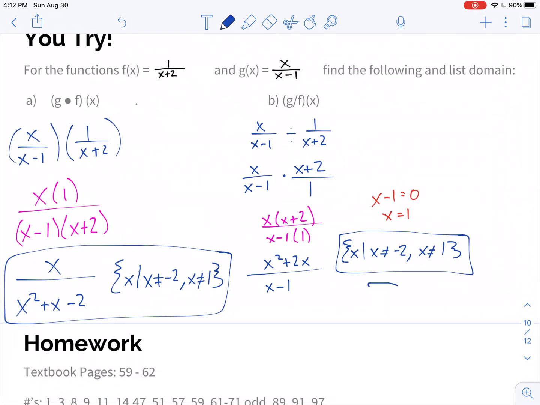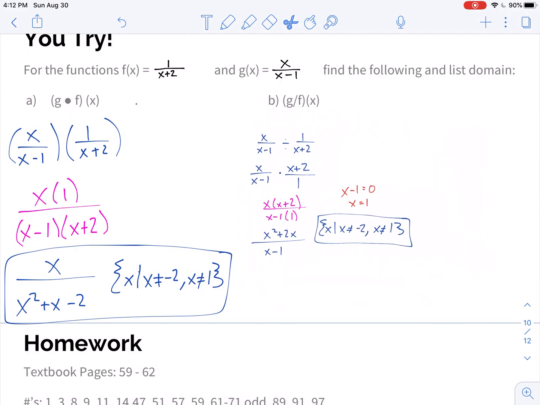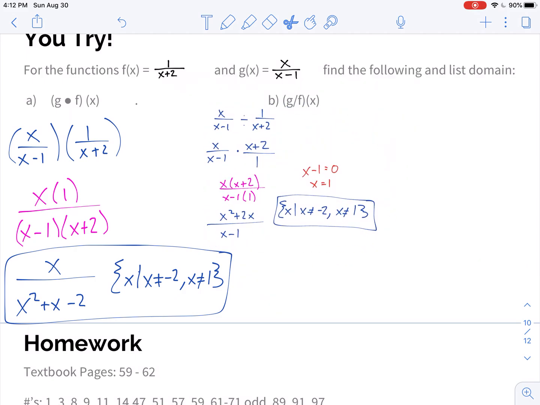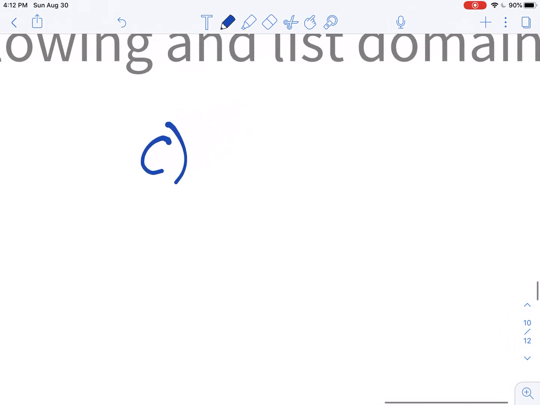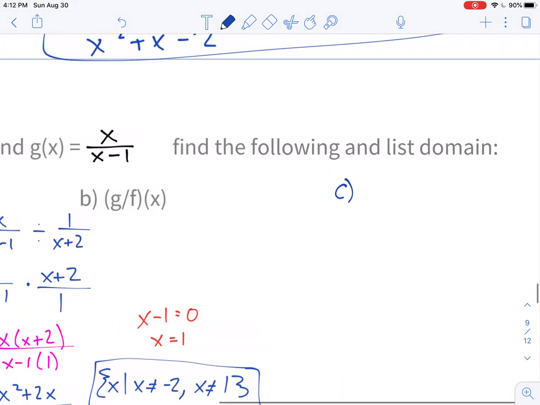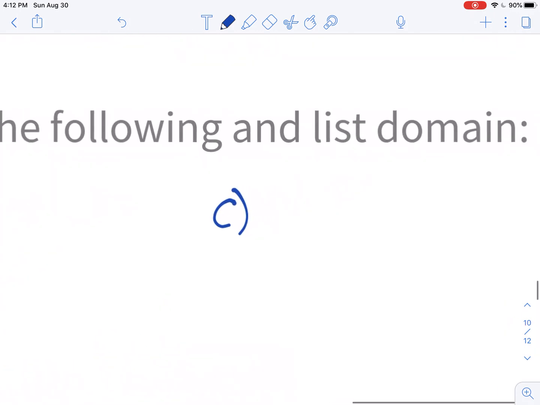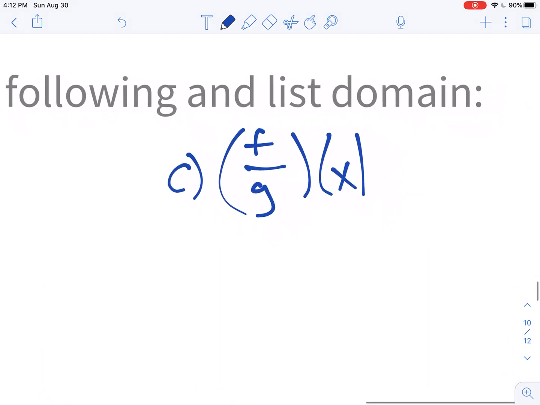The last thing I will show you, because I do want you to see a special case where this might not actually work out so easily. So I'm going to create a C really quickly. You can add this in on your notes, find some space. I want to know what f divided by g of x looks like, and what is its domain?